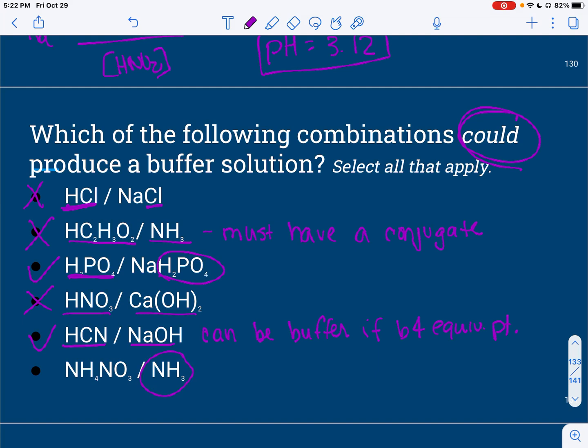And then here we have a weak base with its conjugate acid. So of course we could have a buffer there. That's the easy way. So when you're doing these types of questions, make sure you're paying attention to the secret way, which is this one right here. When you have a weak with a strong, they can make a buffer. It just depends on the amounts.